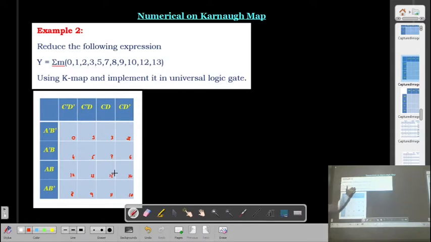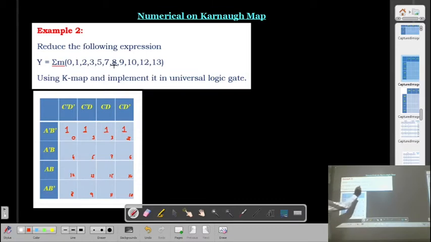Now in the expression, whatever min terms are given, for those you have to mark a high level. So here if I mark, the first ones are 0, 1, 2, 3. Correct? 0, 1, 2, 3.